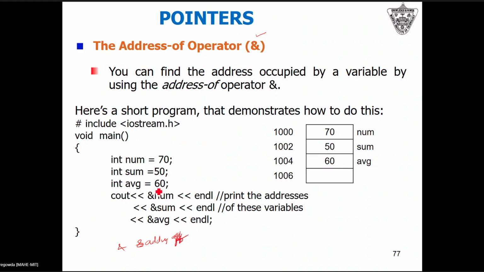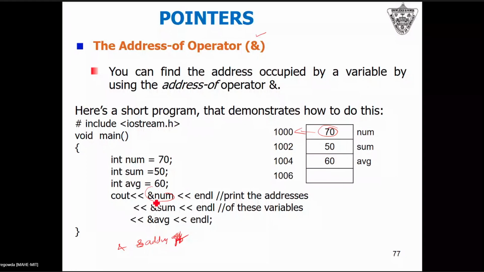Now if you write &num, it means address of num. Num is the symbolic name for the memory location. According to our example, num is the symbolic name for the data 70, which is stored at 1000. So if you write &num, this statement is going to display 1000 instead of 70.